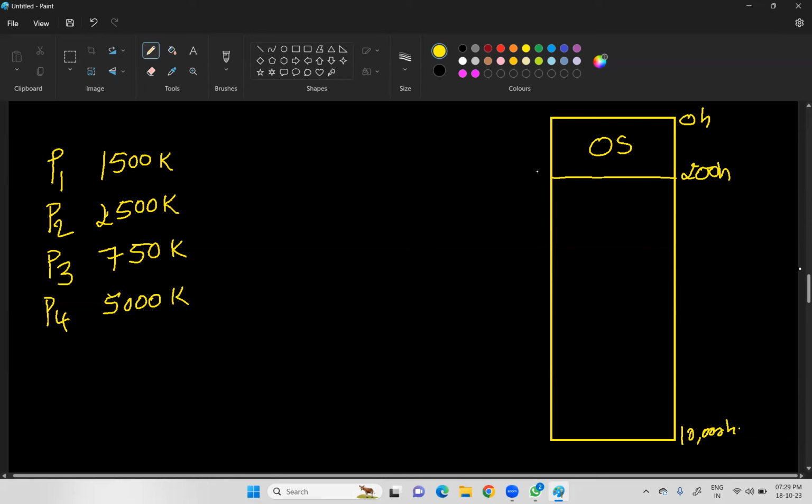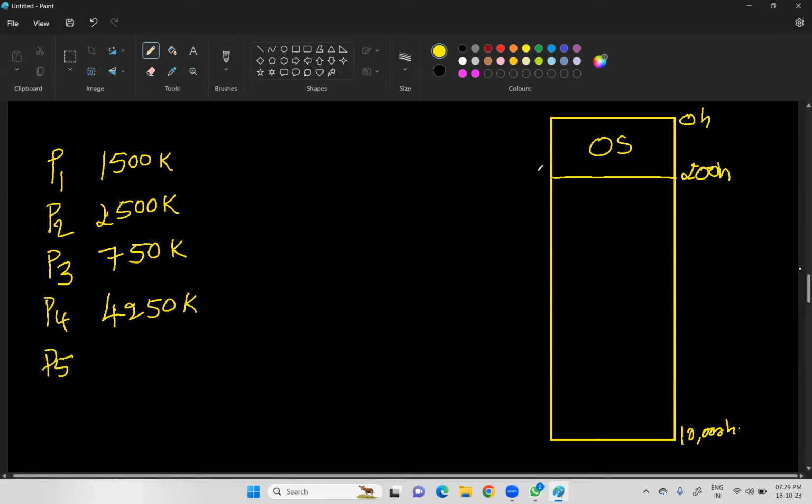Next one is 9,500 minus 5,750, which is 4,000 something. However, let me erase this and take another value. So 4,250 kilobytes are required to execute the entire process of P4.